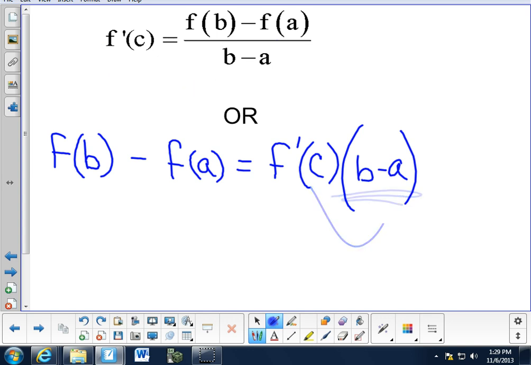I'm not particularly sure why they do it that way, other than to just get no fractions. But do you recognize this as point slope formula? y minus the y value equals the slope times x minus the x value. That's all that is. It's the same daggone equation.